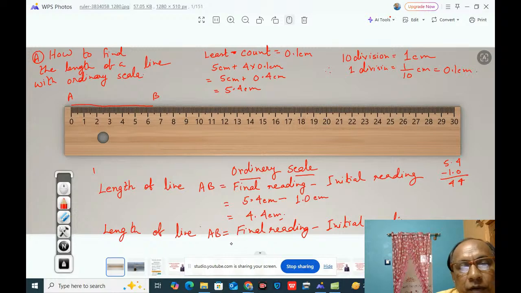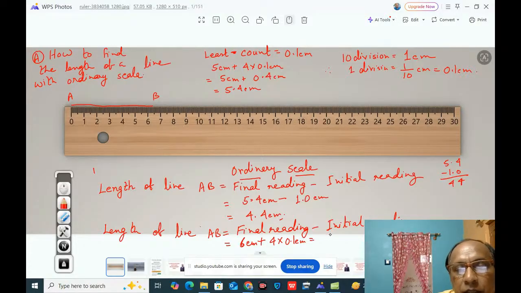Now, first of all, I find the final reading. Final reading, you see, this is 6 centimeter plus how many divisions are there? 1, 2, 3, 4. 4 divisions. 4 into what is the least count? 0.1 centimeter.